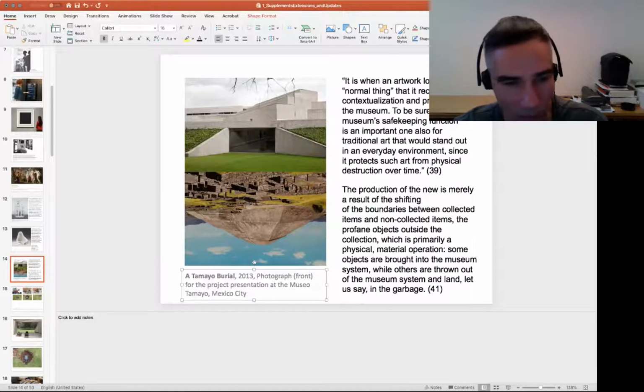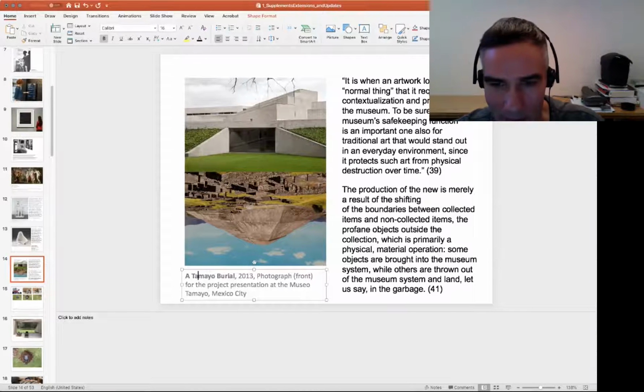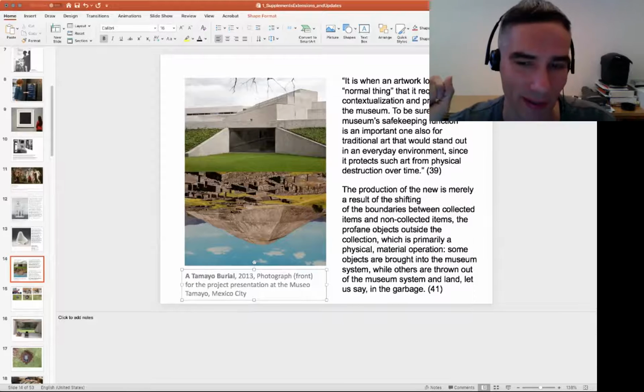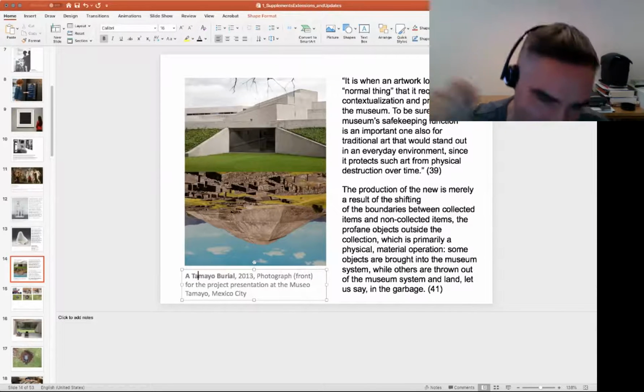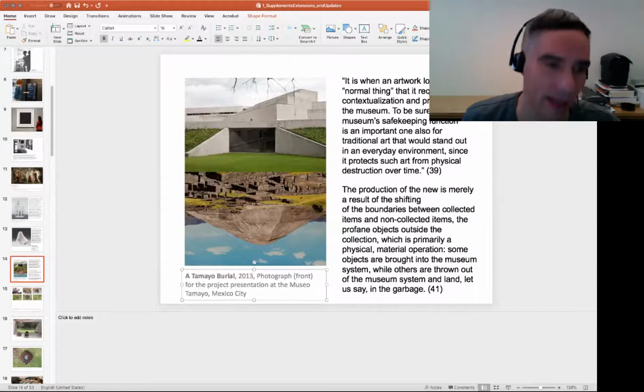So the profane objects that constitute our environment are basically headed for the landfill, and the museum is the place that pulls the profane object from the garbage heap of history and puts it in a place that will ensure it another temporality.